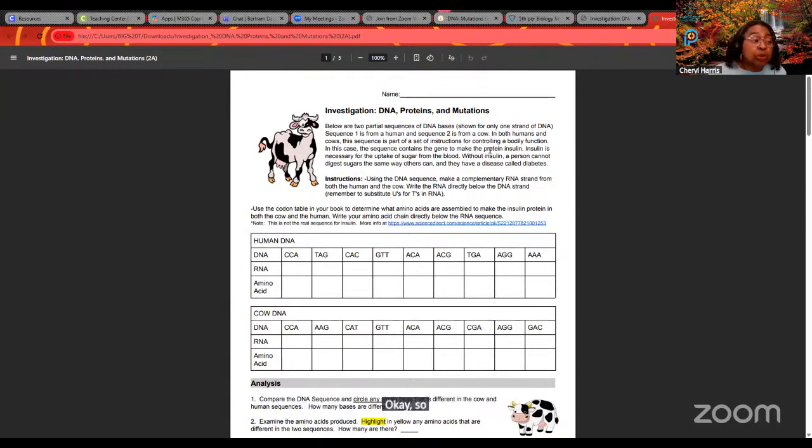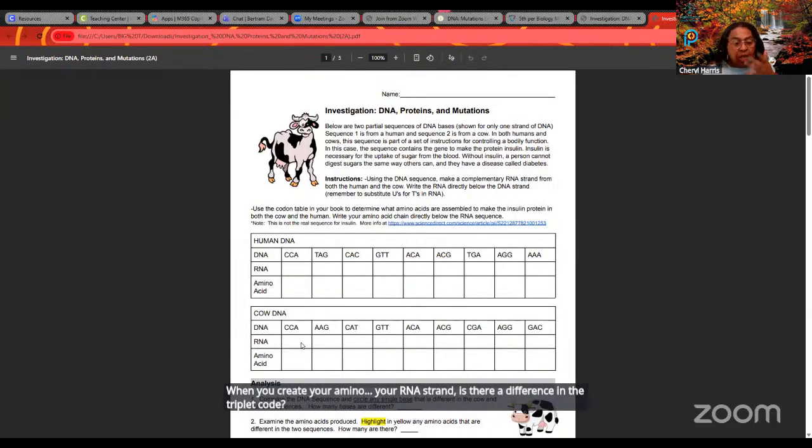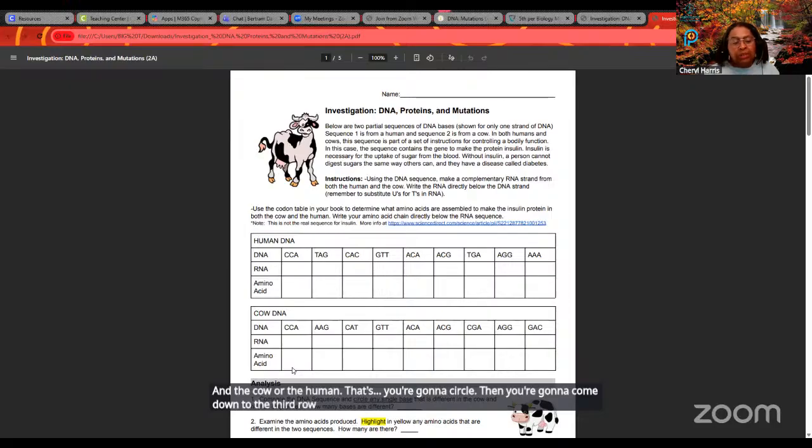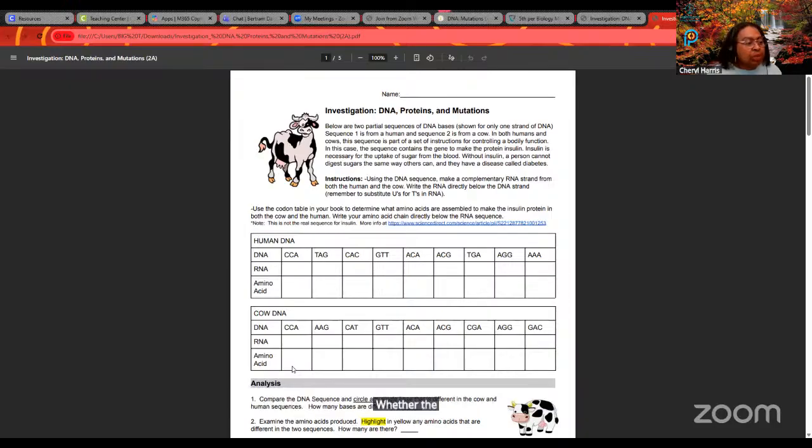So this is the point of the question. When you create your RNA strand, is there a difference in the triplet code in the cow or the human? That's what you're going to circle. Then you're going to come down to the third row and highlight whether the amino acid you made is different than the one in the human, or are they the same? Okay, so that's what you're trying to do.